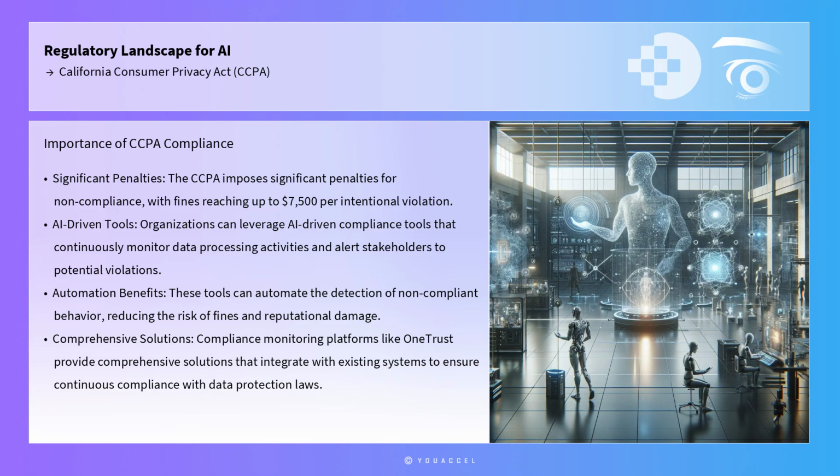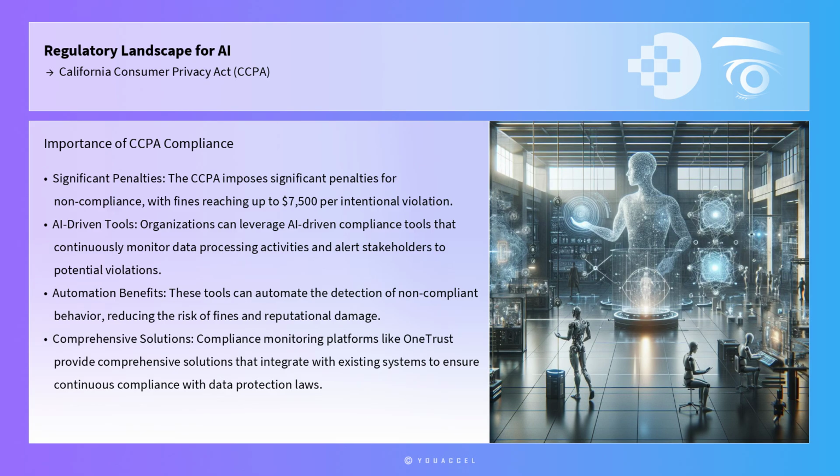The CCPA also imposes significant penalties for non-compliance, with fines reaching up to $7,500 per intentional violation. Therefore, implementing effective compliance monitoring and auditing mechanisms is crucial. Organizations can leverage AI-driven compliance tools that continuously monitor data processing activities and alert stakeholders to potential violations.